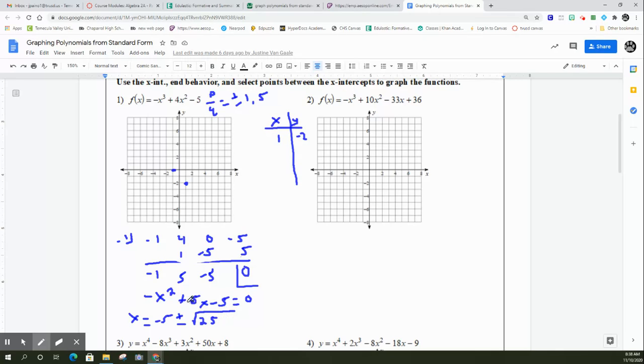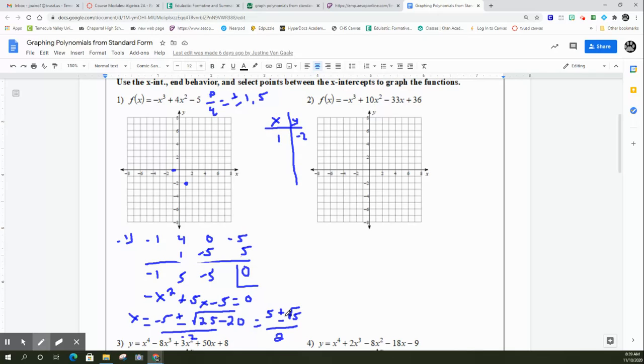So -4 times -1 is +4 times -5 is -20, all over -2. All right, so I'm going to get 5 plus or minus rad 5 over 2.